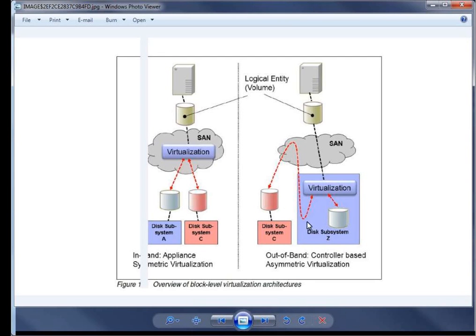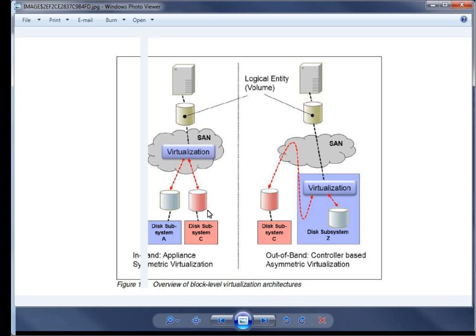Now, while it is true that all the data from here is easily accessed from this controller, it cannot carve out a single LUN from two LUNs of these two separate disk subsystems. In the case of SVC, on the left-hand side, it is easy for the SVC to treat both of them as just part of the same array group.